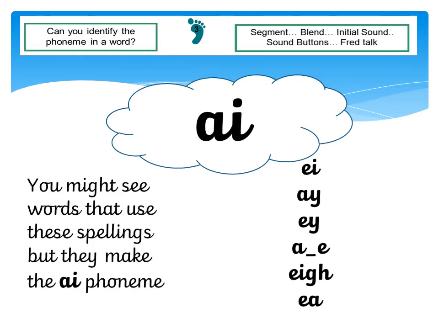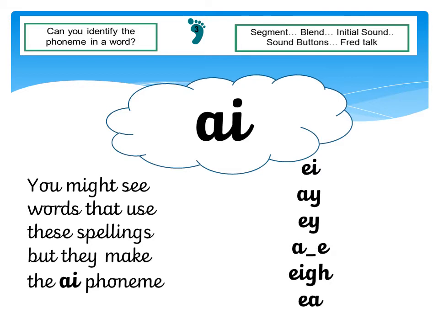So these are the alternative spellings for the A phoneme. So when you see a word and you might hear the A phoneme, but you might be a little bit confused because the word isn't spelt using the AI digraph, but you can still make the word make sense using the A phoneme, that's because there are different ways of spelling the A phoneme.